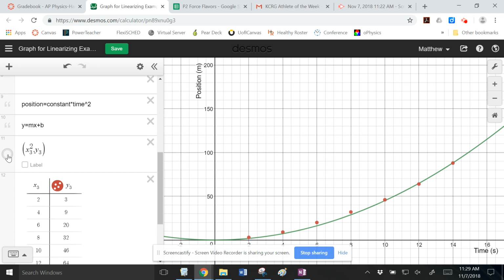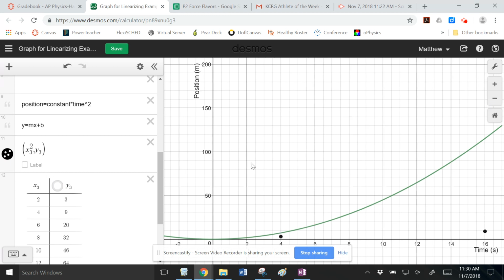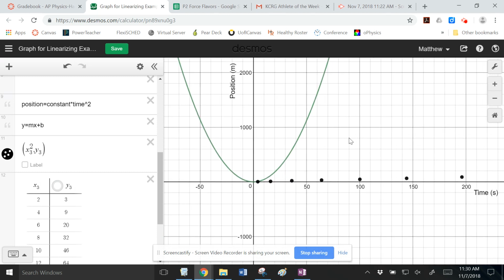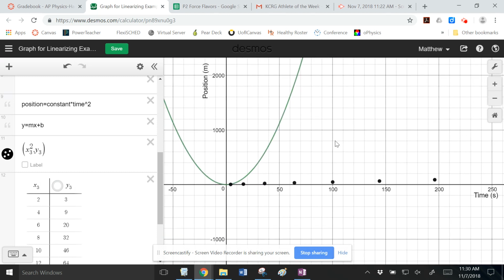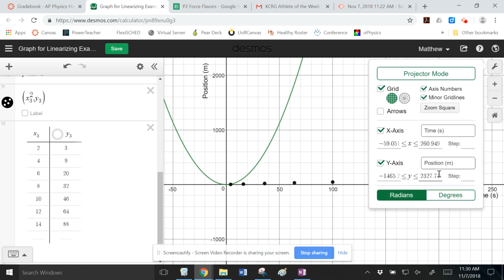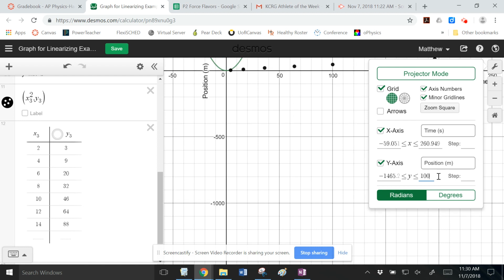This plots time squared on the x, position on the y, and shut this off. Now, if we zoom out, I can't really see it. Well, if you think about y, it's because y only goes up to 88. So I'm going to go into this thing and change the y-axis to go up to 100.